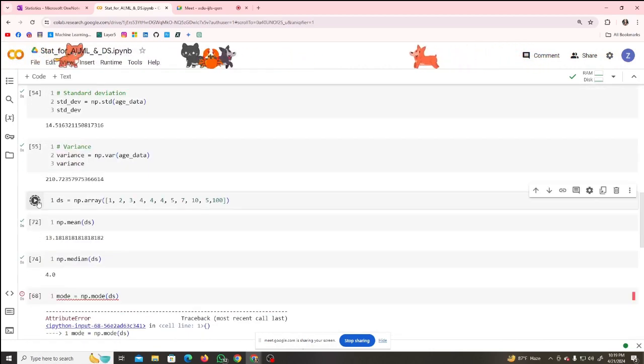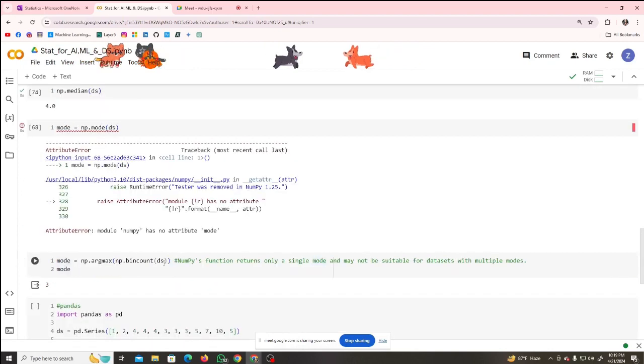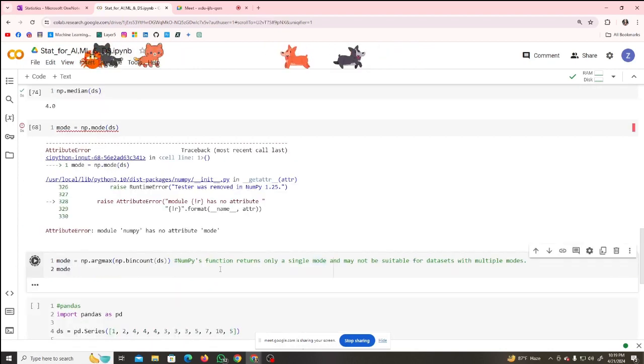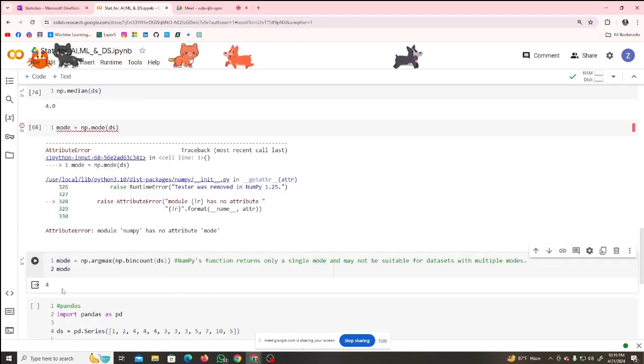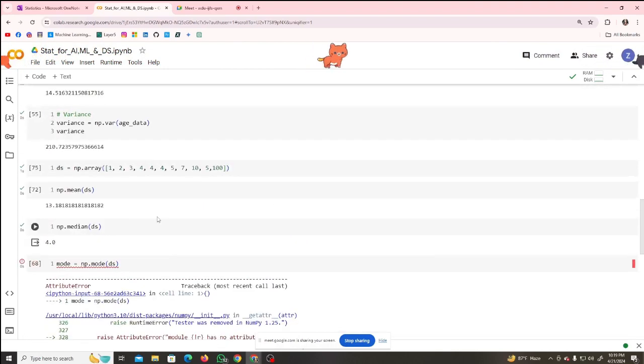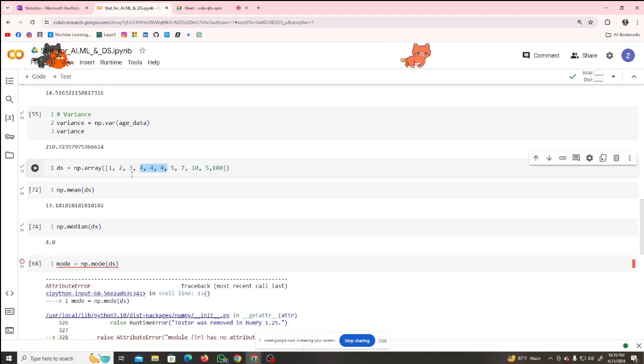Okay, you see the mode is 4 here. Then I want you to build this intuition. Suppose the number of fours here is 3, right?